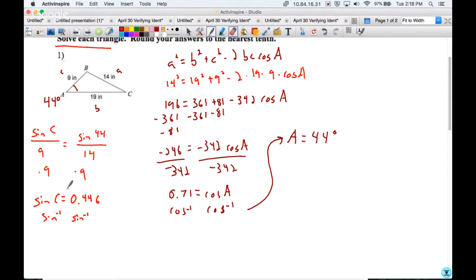I'm just leaving those numbers in my calculator so I don't have to type them back in, and then just using the second answer to plug them back in. I get angle C is equal to 26.5 degrees. That looks about right, 26.5 degrees.